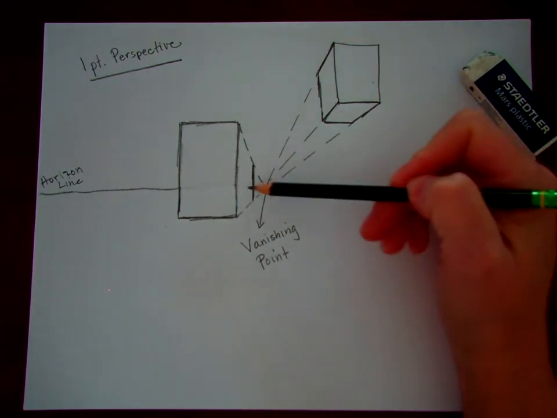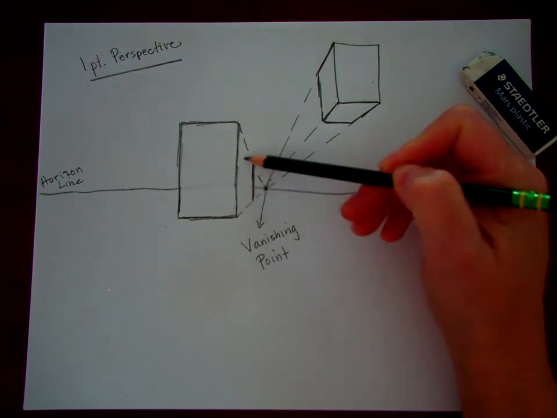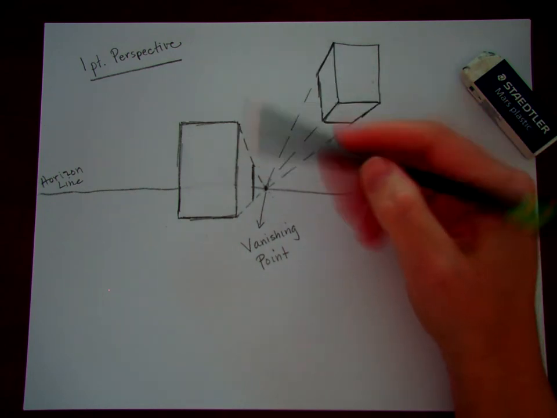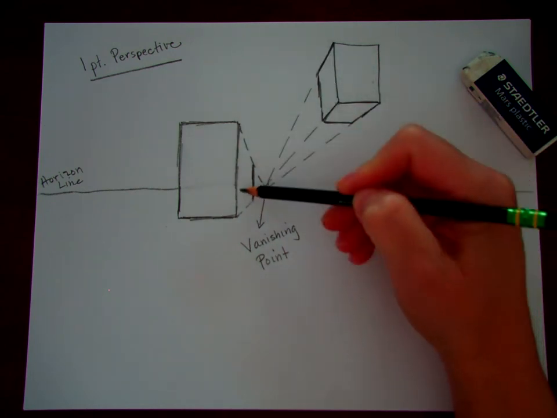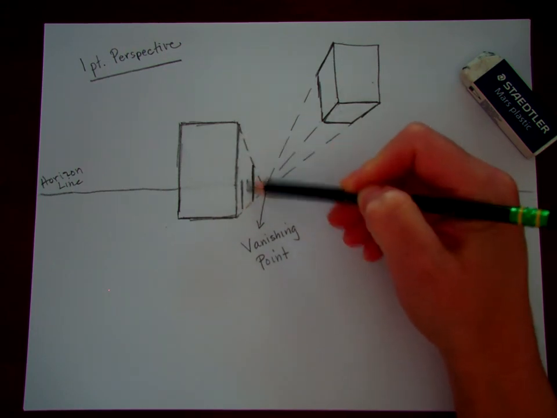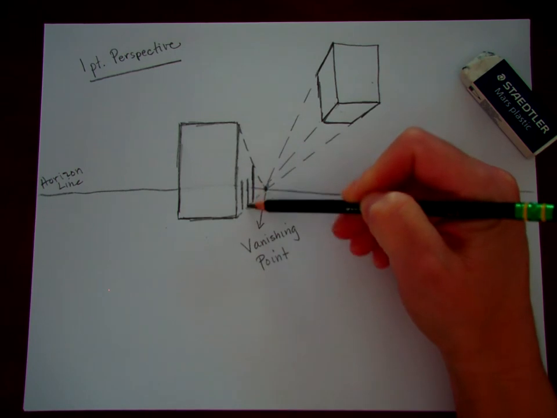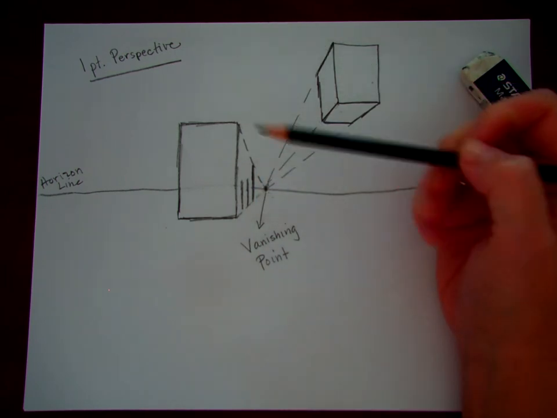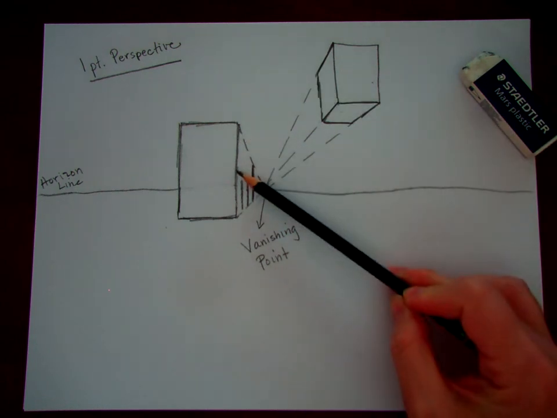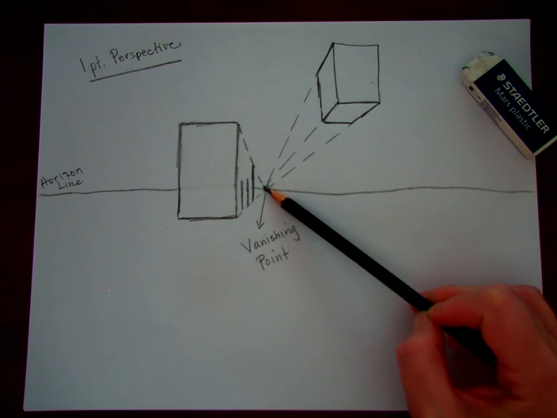Okay, so there's a door and some windows here. In terms of the door, the door would be parallel to the shape. And then the part that students tend to skip over is that the top of the door is going to be at an angle, connecting to that vanishing point.